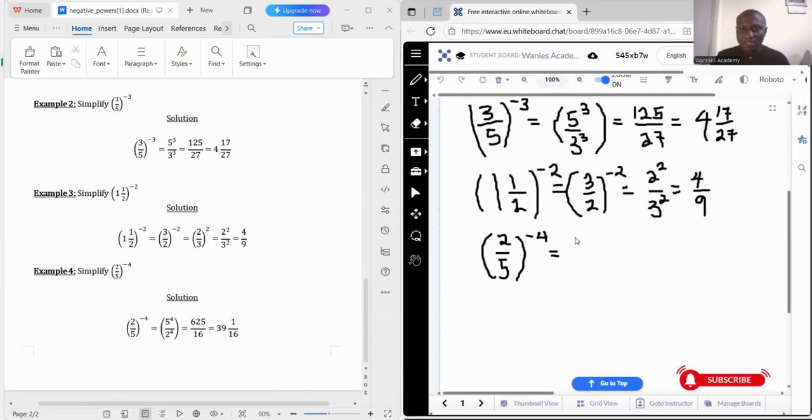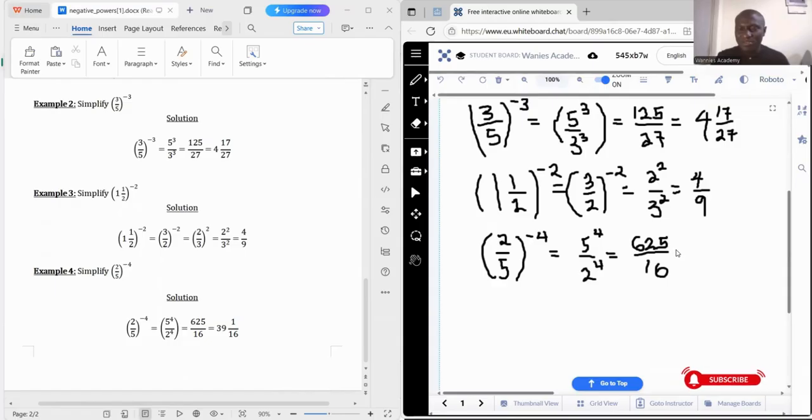We therefore say that the reciprocal of 2 over 5 is 5 over 2 to the power of positive 4. This equals 5 raised to the power 4, which is 625, divided by 2 raised to the power 4, which is 16.